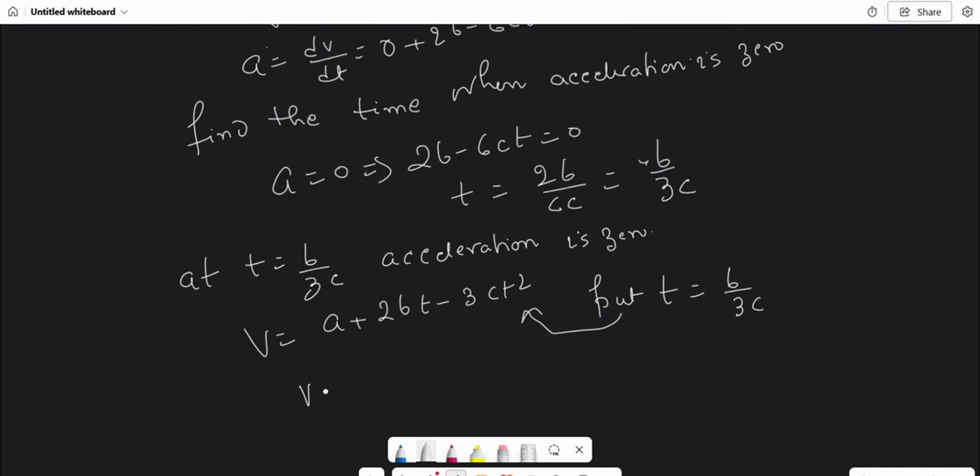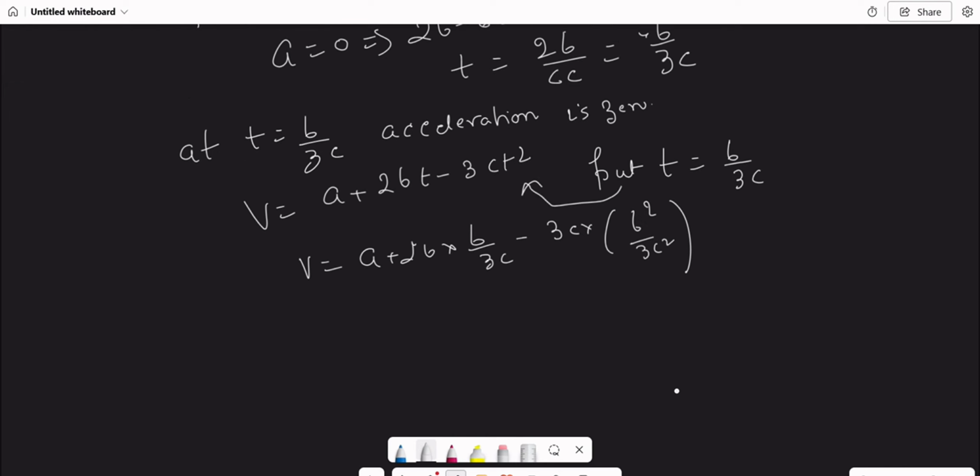So you get v is equal to a plus 2b into b by 3c minus 3c into t square, so it is b square by 9c square. Now solve this.